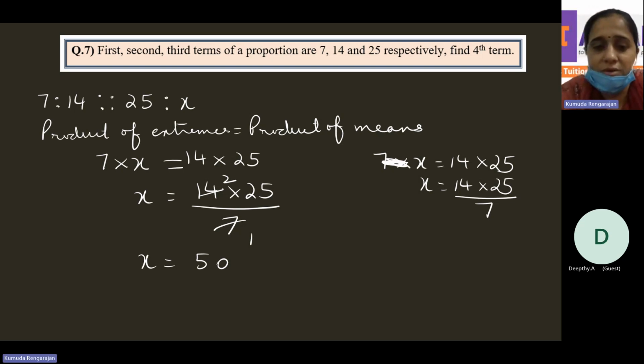Deepthi, you have some issue with the mic, is it? You're not able to communicate? Done?